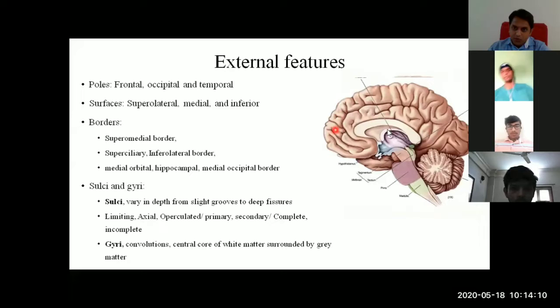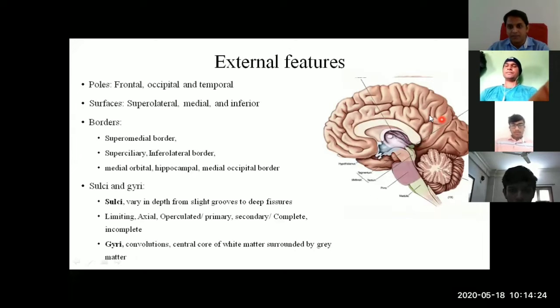Then the medial surface. Where do you expect the medial surface? If you cut the cerebrum into two pieces, into each cerebral hemisphere, right in the midline, you can see it is connected with commissural fibers called corpus callosum. And this is the medial surface. Here you can identify its anterior pole called the frontal pole.